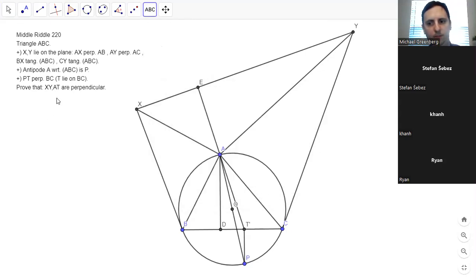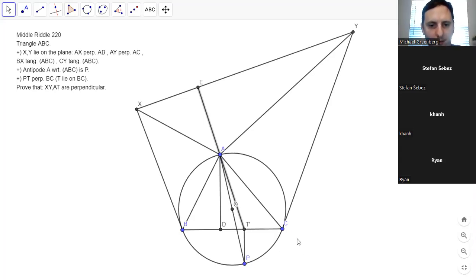So AX over AY is cosine of XAE over cosine of EAY, and it is the same as sine of angle BAT prime over sine of angle CAT prime, because these are 90 degrees. Actually, that makes a lot of sense.